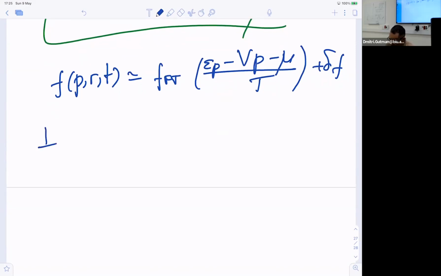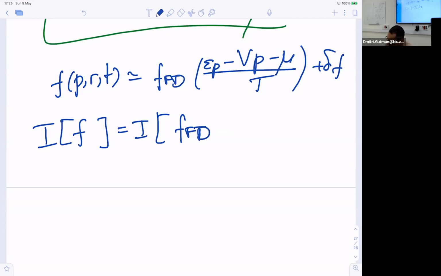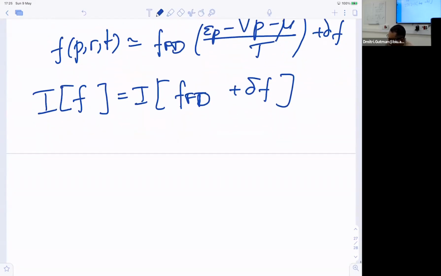Now, when we compute the collision integral on the whole thing, it's a collision integral of the Fermi-Dirac plus delta F. And if delta F is small, I can linearize and expand, and this will be only this thing, because the collision integral nullifies the equilibrium distribution function.